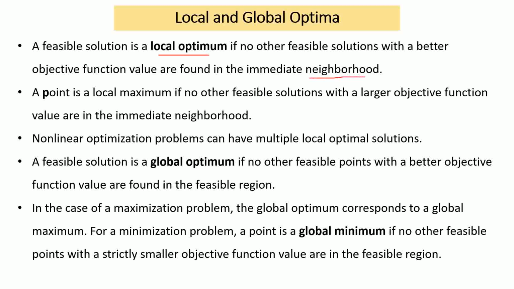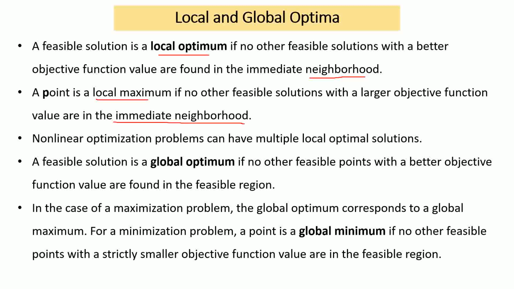A solution is a local optimum if it is better than the other solutions in the neighborhood. A point is a local maximum if no other feasible solutions with a larger objective function value are in the immediate neighborhood.